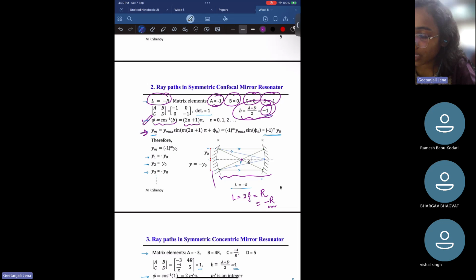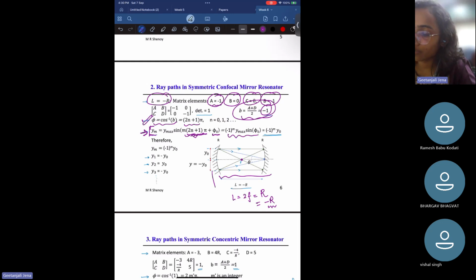The ray paths are calculated using the relation y m is y max sine of m phi plus some initial phase phi 0. Since phi is an odd multiple of pi, this may be minus 1 to the power m. Depending on the value of m, it can be minus 1 or plus 1. So we got this relation.